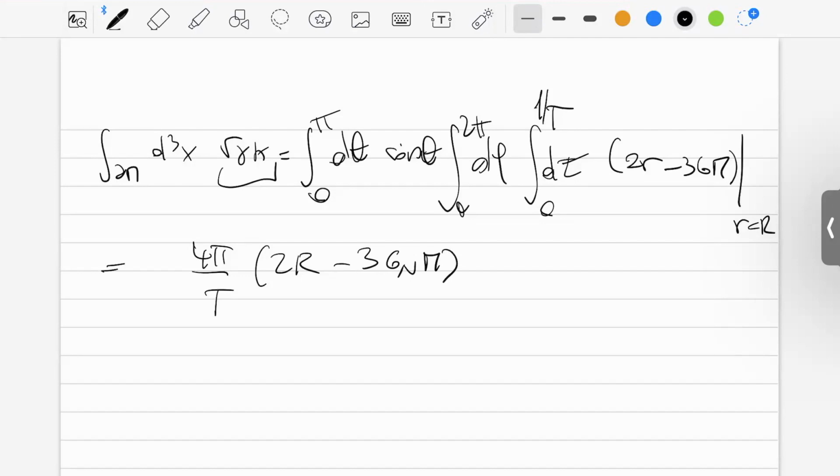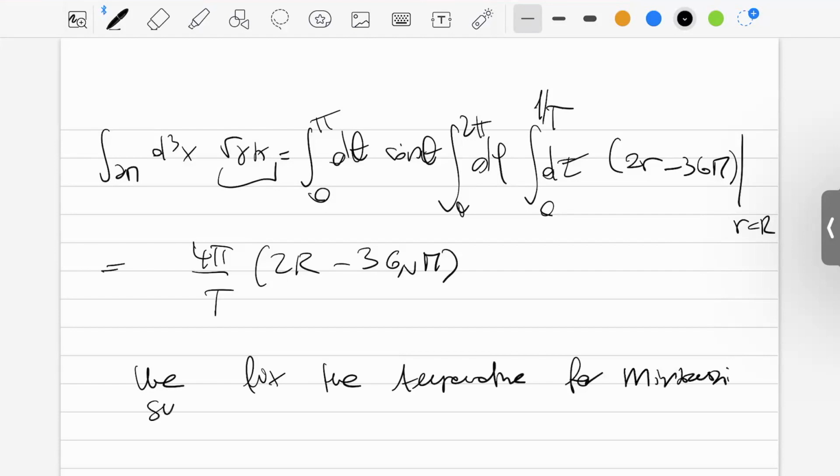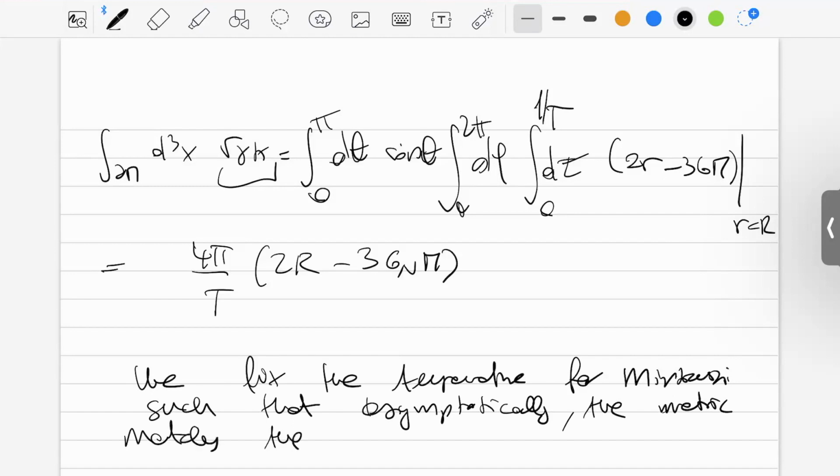But we fix the temperature for Minkowski in such a way that asymptotically the metric matches the Schwarzschild solution.